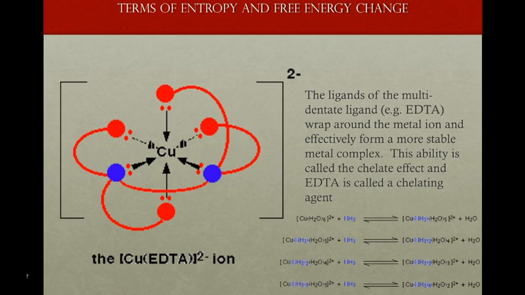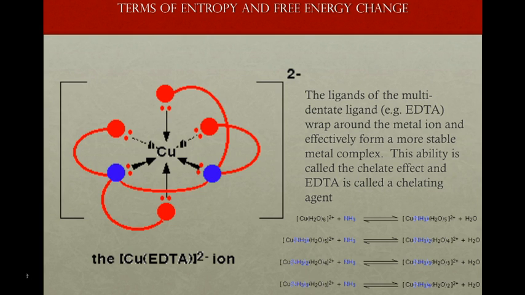And you can see as an example what happens when we do replacement reactions, the ligand substitution reactions with ammonia. Each time we replace a water ligand with an ammonia ligand, we create more waters.